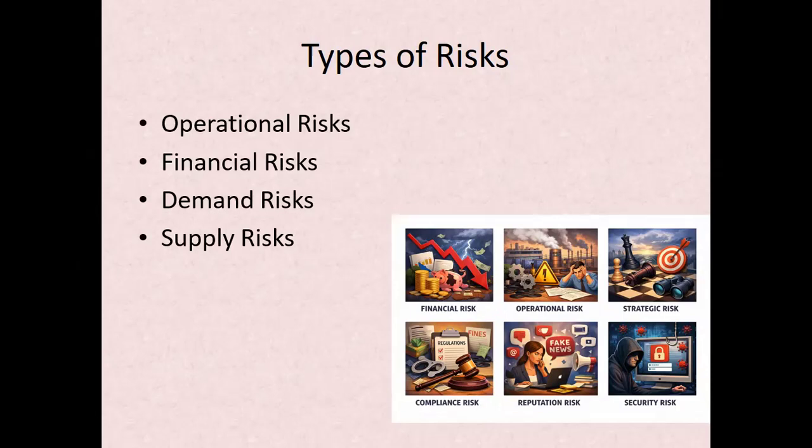Demand risk occurs when customer demand is unpredictable or rapidly changing. Supply risk is related to supply failures, delays or quality issues. Finally, environmental risk includes natural disasters, pandemics and regulatory changes. Understanding these categories helps the organization to systematically plan and approach risk management. These are treated as the future challenges.